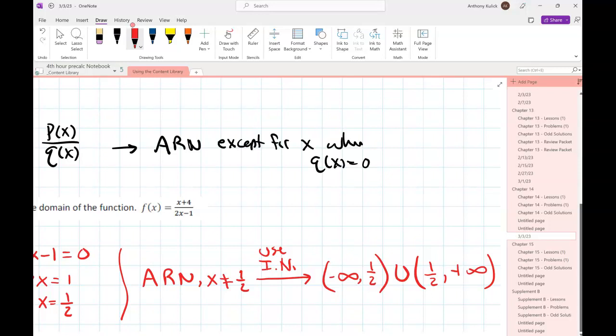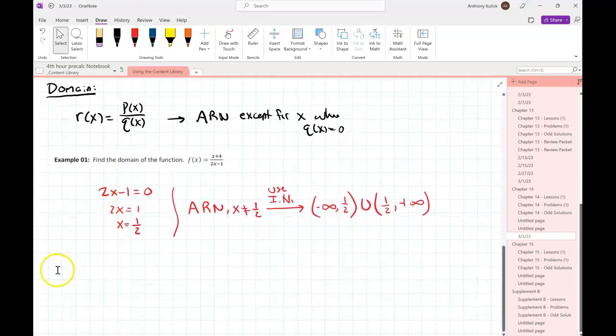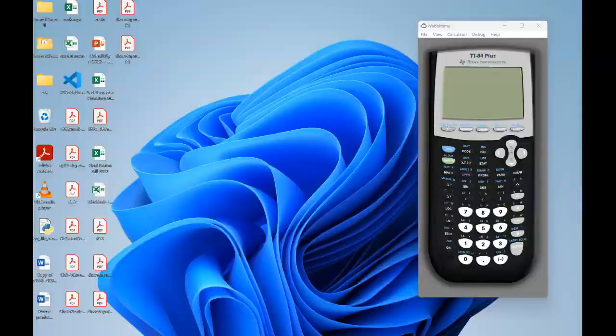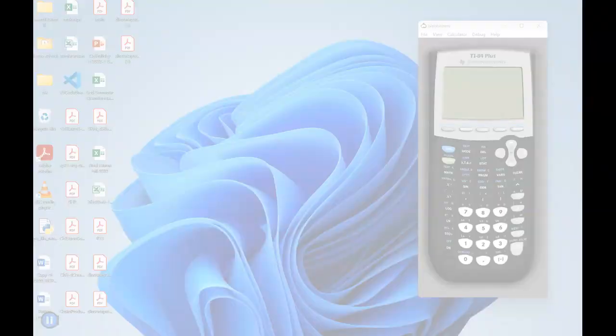Does that feel okay to everybody? Not a big deal, right? Let's do one more example before we start transitioning forward.